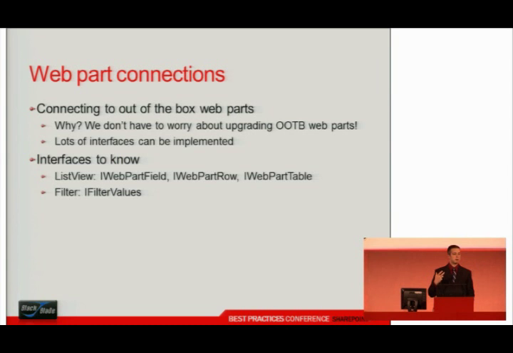It turns out that we can not only use the web part connections in order for our custom web parts to talk to each other, but if we know the correct interfaces, we can have our web parts talk to SharePoint's web parts. So now we can do things like saying, I need this master detail view. Well, SharePoint's master view is pretty decent.